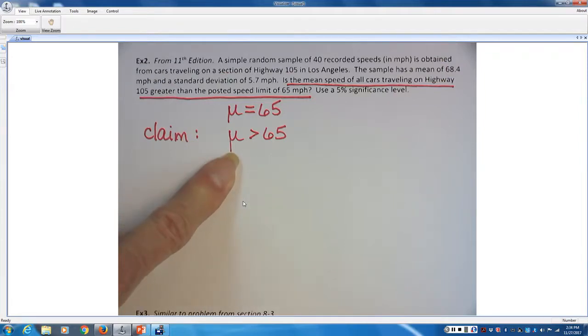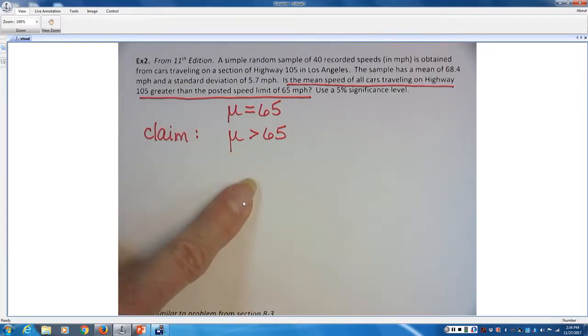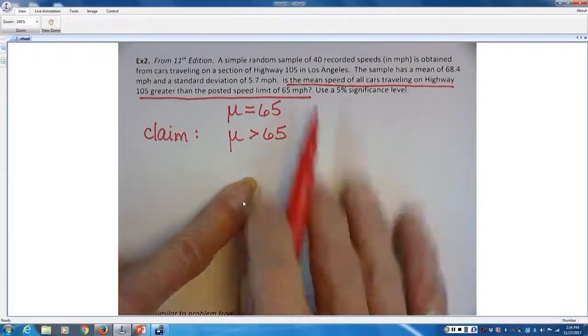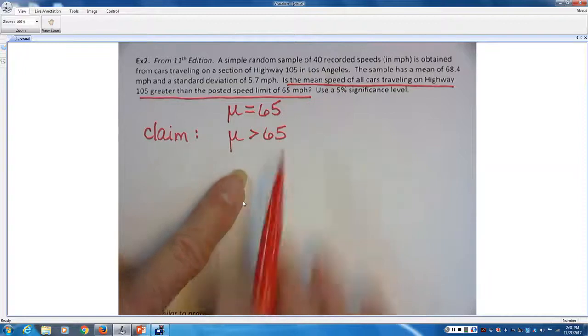And 68.4 is most certainly more than 65. But that doesn't take into account that everybody that passed that sign wasn't going 68.4 miles an hour. Some of them were going 70 miles an hour. Some were probably going 60. But the average speed for 40 people was 68.4.